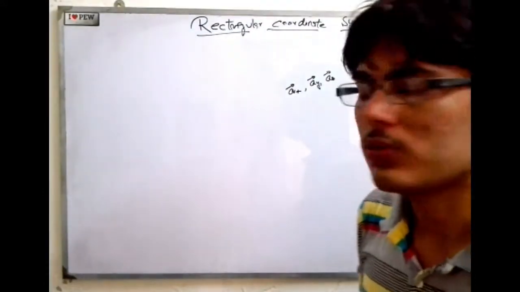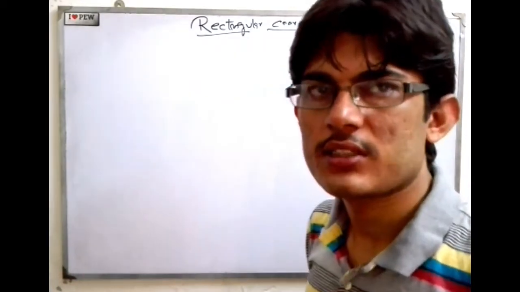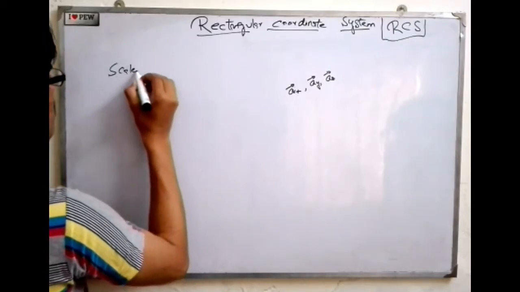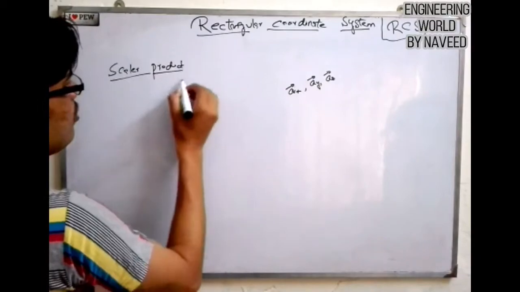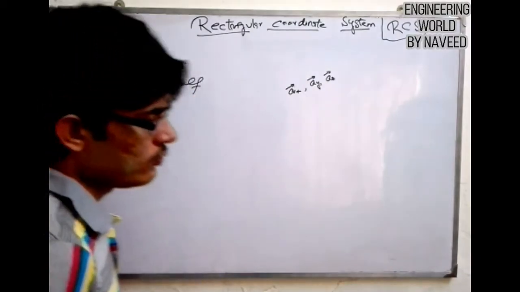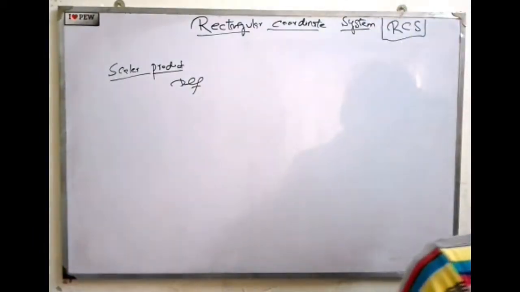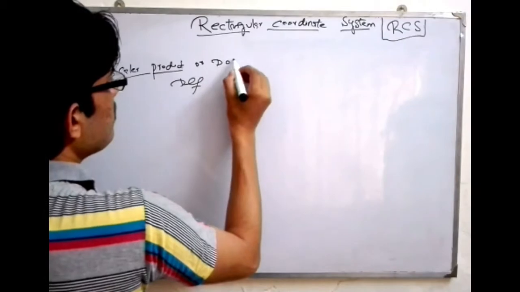Before going to the rectangular coordinate system, let's first discuss the scalar product. Let's first define what is meant by the scalar product. The scalar product is also called the dot product.